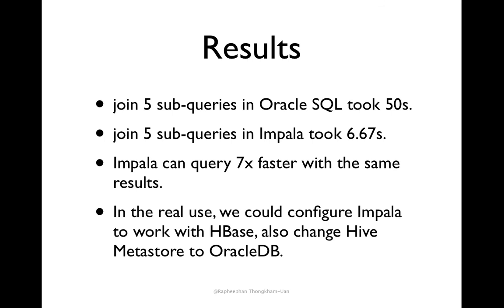To join 5 subqueries using Oracle SQL, it took around 50 seconds, but in Impala it took only 6.5 seconds, so it's 7 times faster with the same results. So we can conclude that Impala brings fast interactive queries and near real-time analytics.